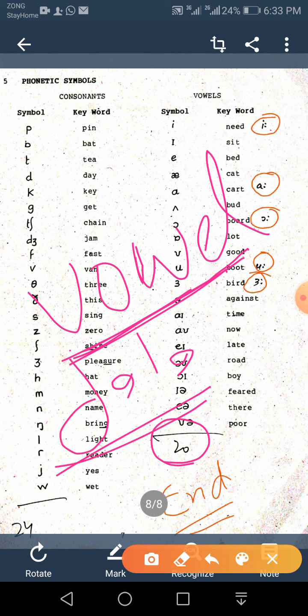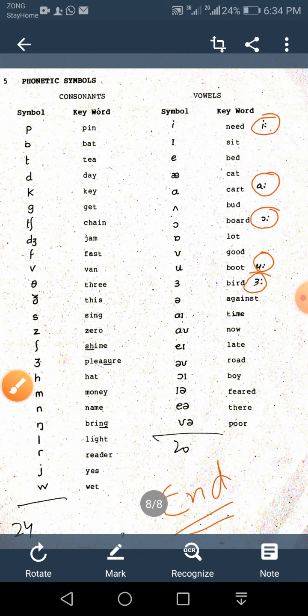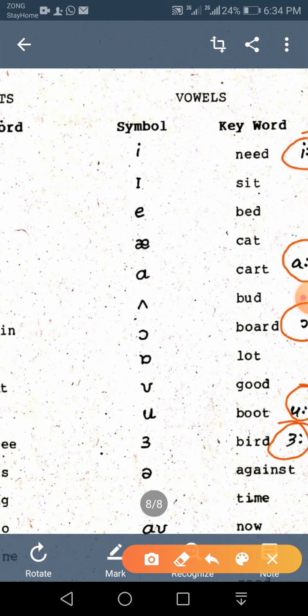It is not like that. It is vowel. But if you feel difficulty in pronouncing it, you can say wall sound, the way we say wall. Anyhow, there are 20 vowel sounds, and let me show you the vowel symbols here.